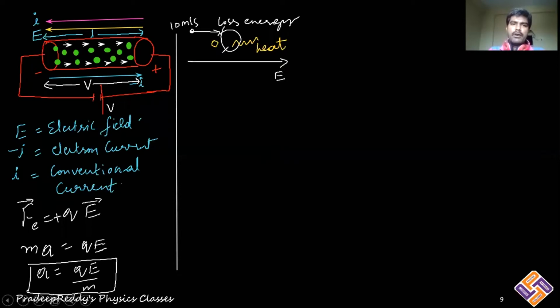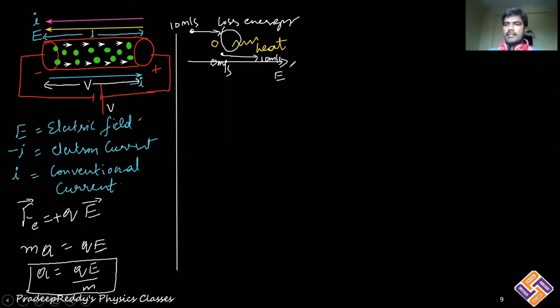Again this electron, whose value is 0 meters per second, gains acceleration and gains velocity. Again it may become 10 or 15 or 20, whatever it is, some value it gains because of the external electric field. Therefore these charged particles get accelerated, hit the ions, and lose their energy.